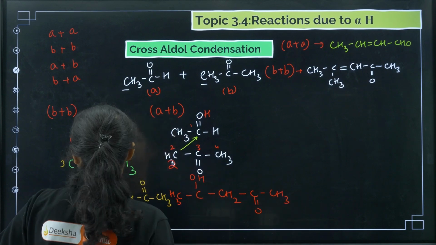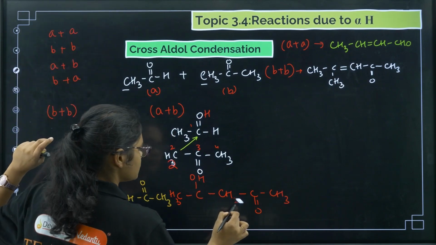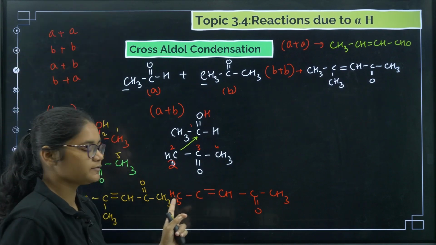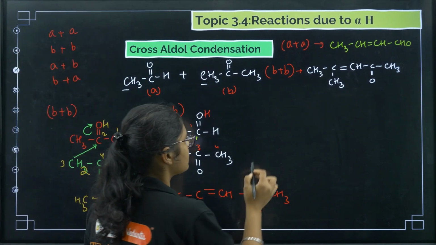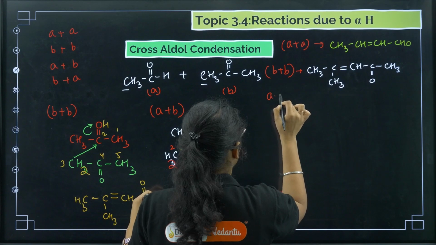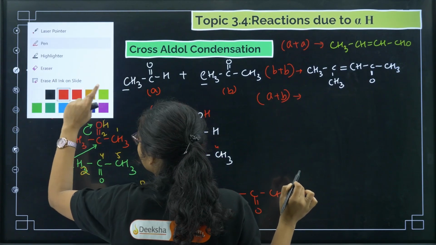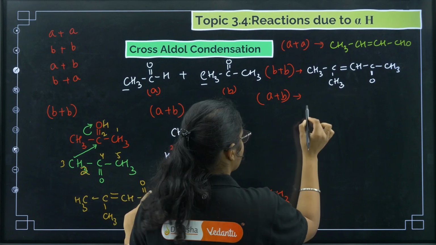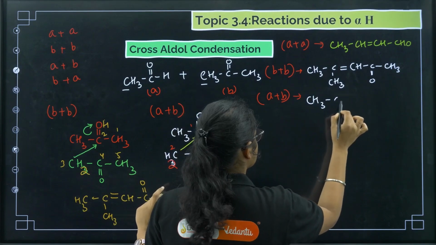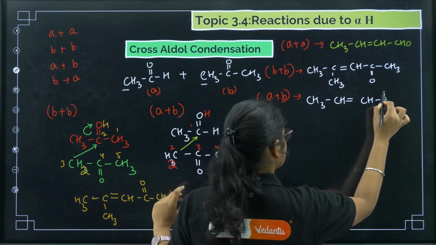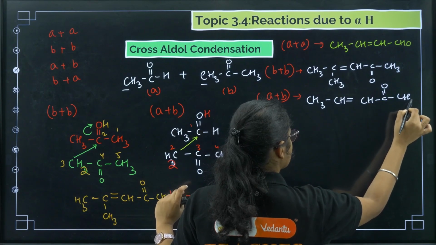Here this OH can undergo dehydration, so we will get an alkene here. This will be the product for A plus B: CH3CH=CH-CO-CH3.